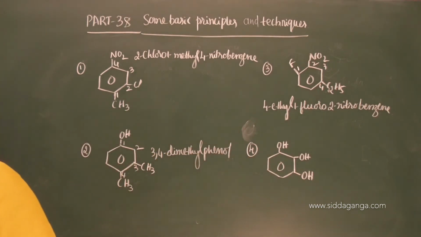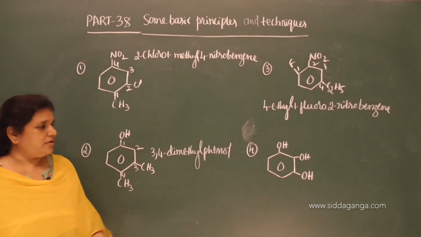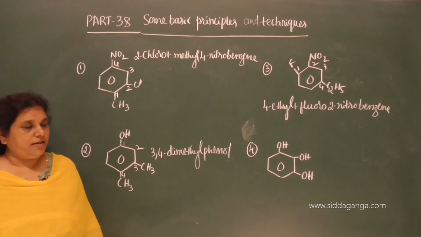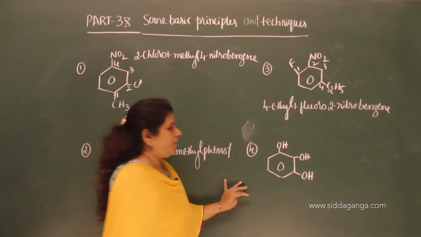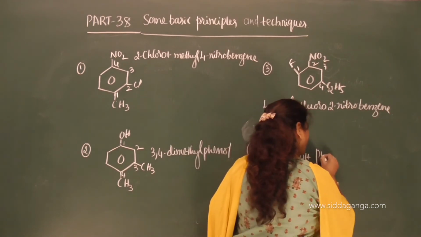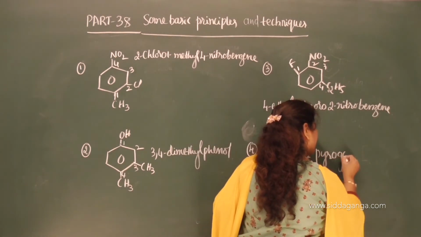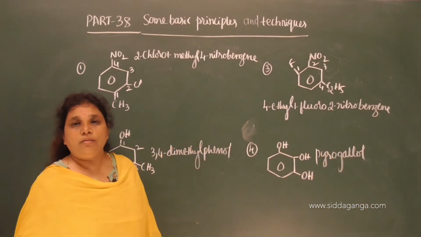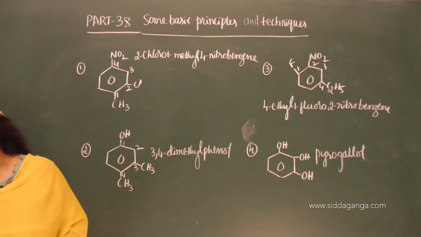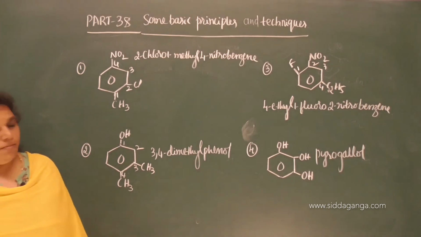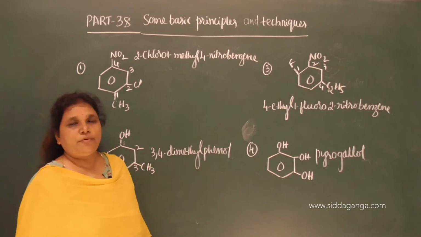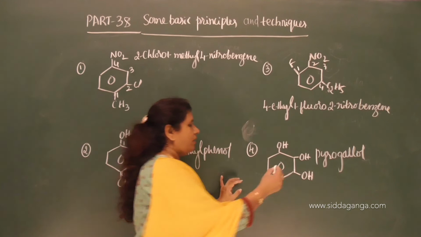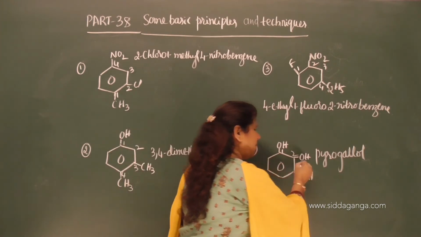Now move on to the next one, where 3 OH groups are there. The name for this is pyrogallol. Pyrogallol is the common name, a very special name of a very important compound. And what is the IUPAC name?